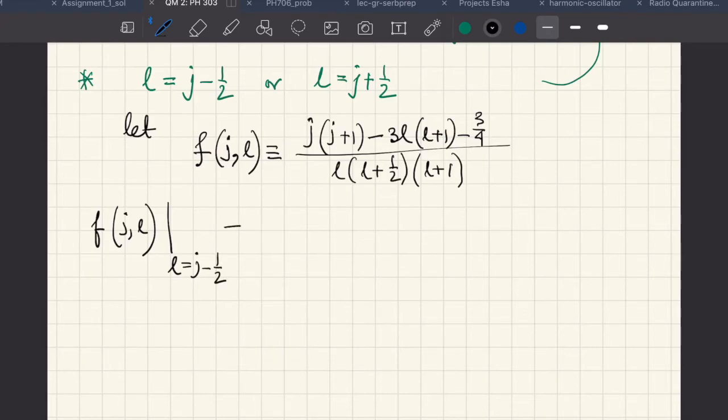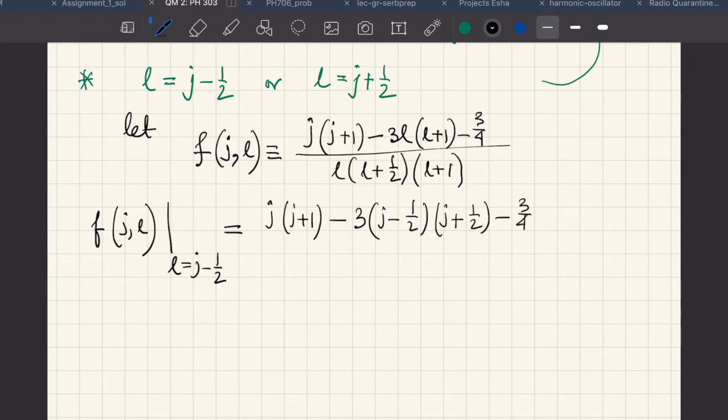So I will simply put L equal to J minus half in this expression, and what I will get is J into J plus 1 minus 3 into J minus half into J plus half minus 3 by 4, divided by J minus half into J plus half.